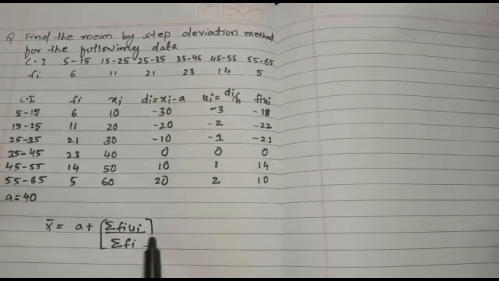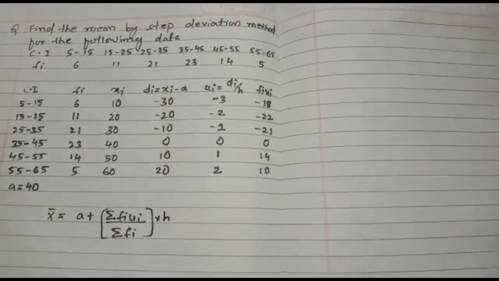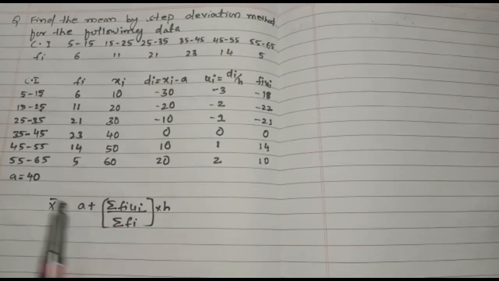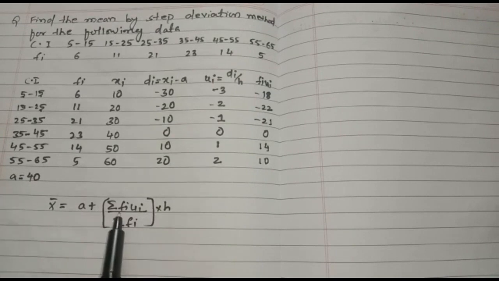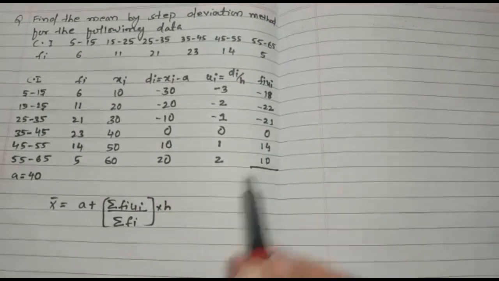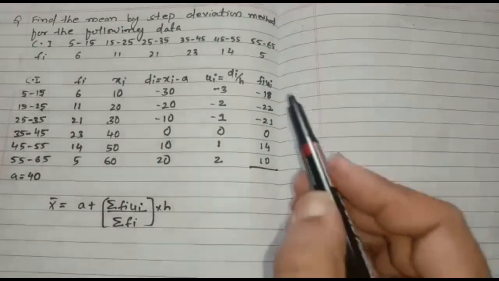This is the formula to find mean by step deviation method. We know a is here. We have to find sum of fi into ui. That value we can get from here. Let's see how to do it.